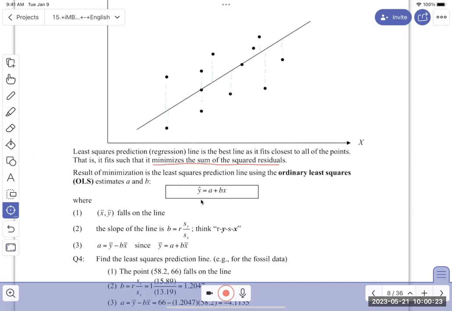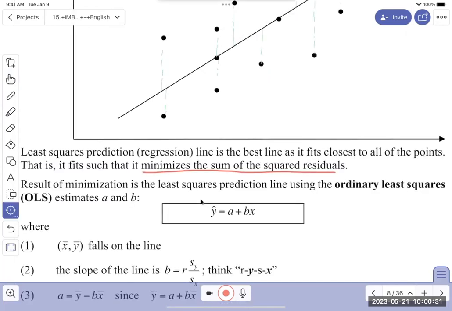These are known as the ordinary least squares estimates of A and B. Now, I actually should have hats on everything, but I just didn't want it to look too messy.